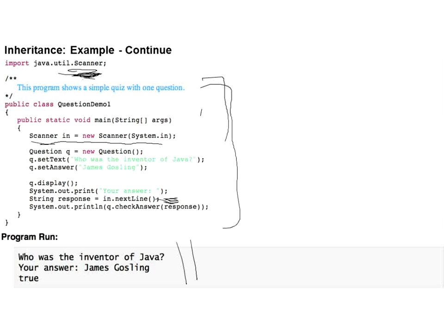The program will check the answer. The question was who was the inventor of Java. If the student put exactly James Gosling, Java will say it's true. If the student answers otherwise, it will say false. This is the idea of the program.